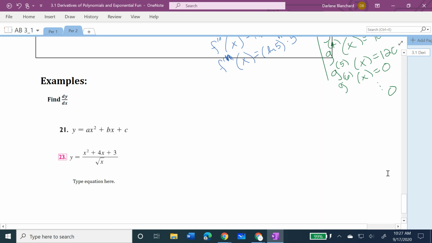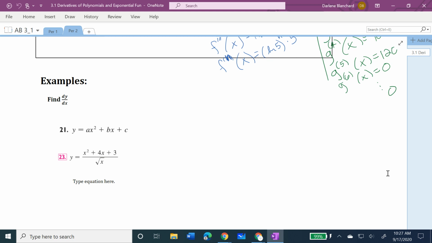For problem number 21 here, with finding dy dx, I'm forewarning you. Your textbook likes to give unknown constants without telling you.